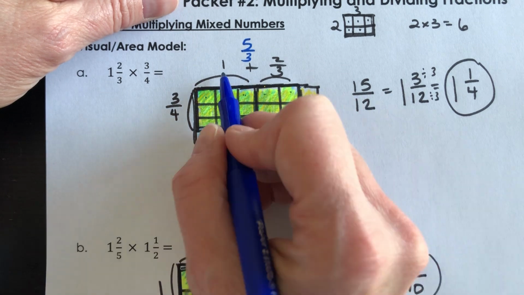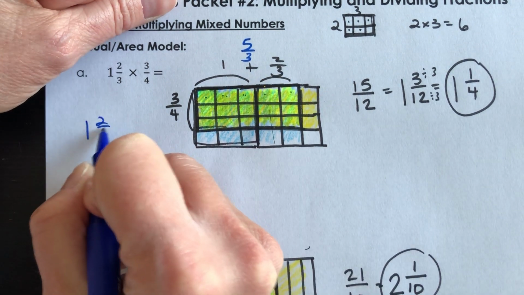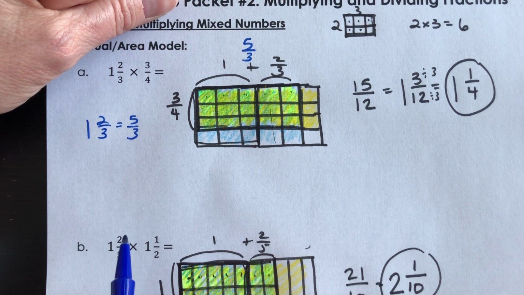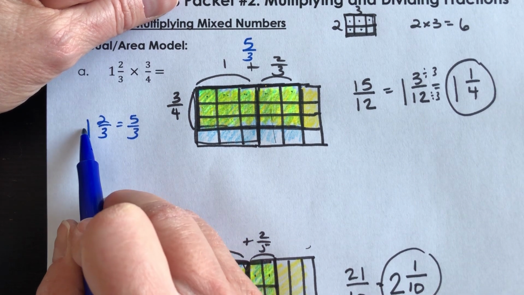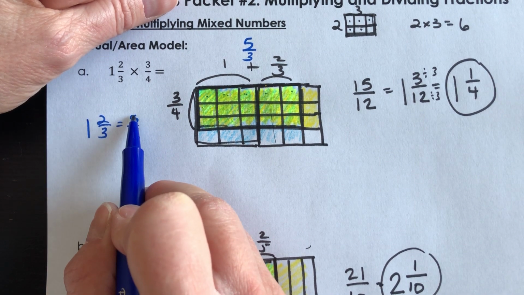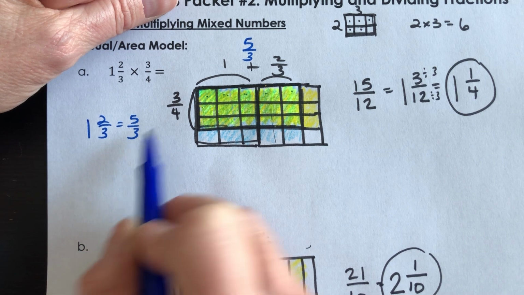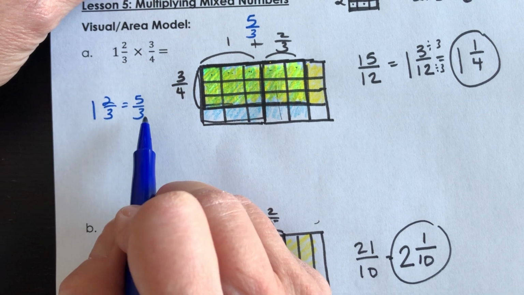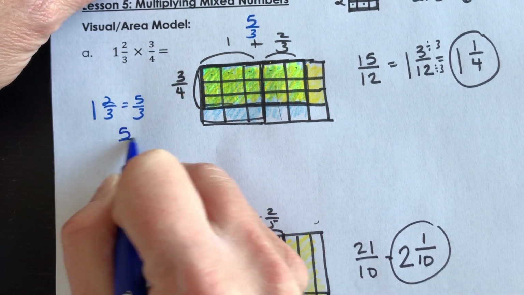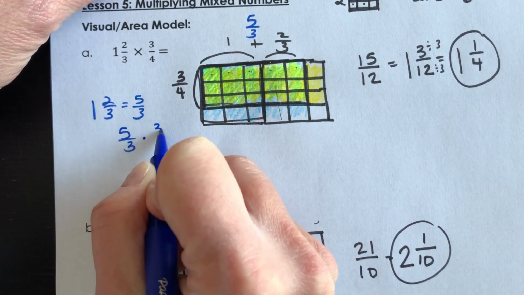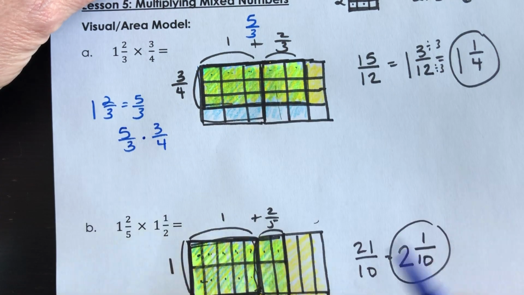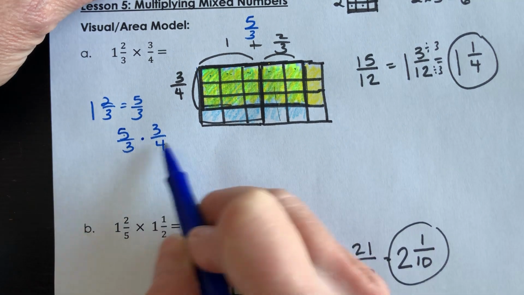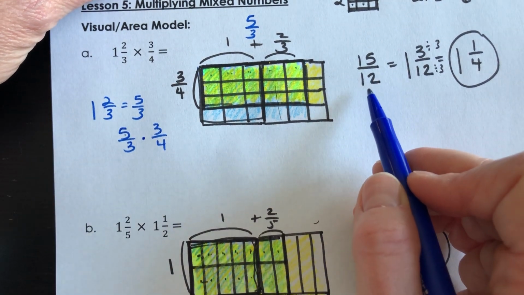So is 1 2/3 the same as 5/3? Yup. 3 times 1 is 3 plus 2 is 5/3. So you can change this mixed number into an improper fraction, right? And then just take the 5/3 and multiply it by the 3/4. That's what we did. And 5 times 3 is 15, and 3 times 4 is 12.